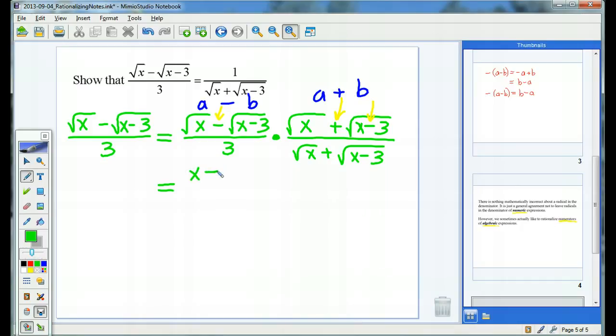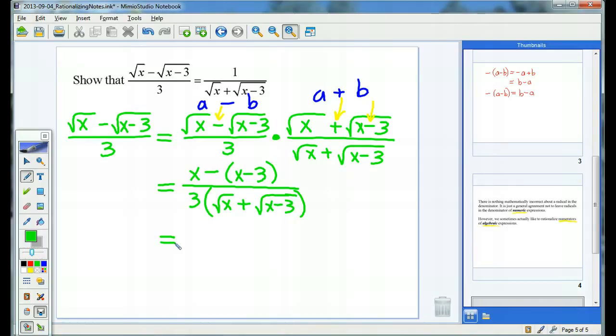Well, b squared is the quantity x minus 3, so I need to use parentheses to make sure that I'm going to distribute that subtraction correctly. In the denominator, we simply have 3 times the quantity square root of x plus square root of x minus 3. And as we saw with complex fractions, we're not going to actually multiply that out because there may be some simplifying that we can do later if we leave it factored like that.